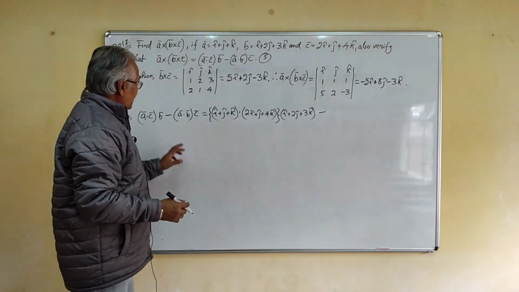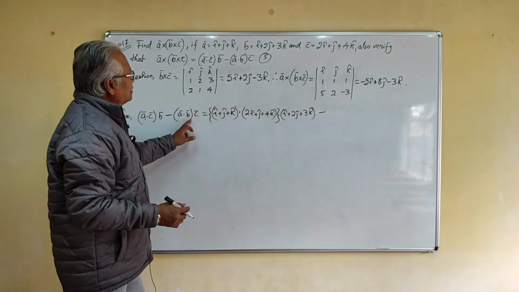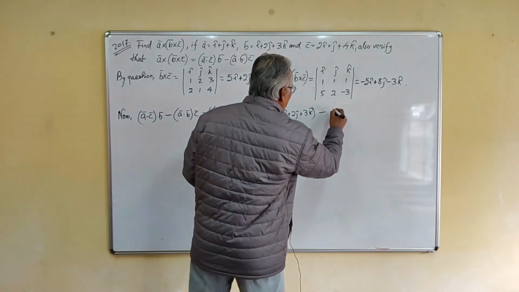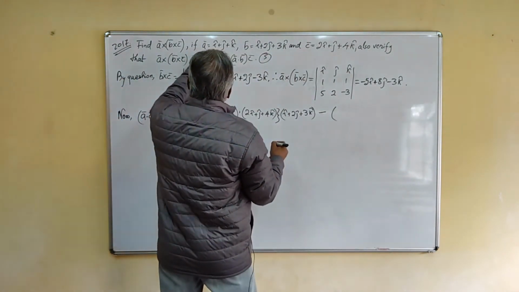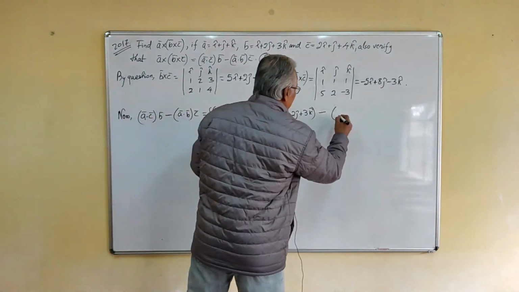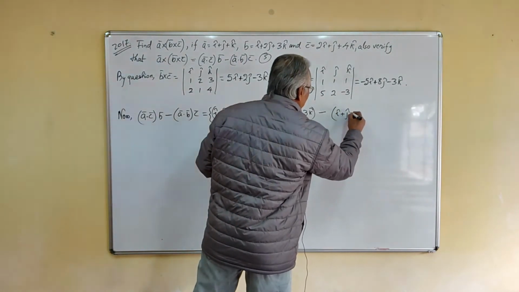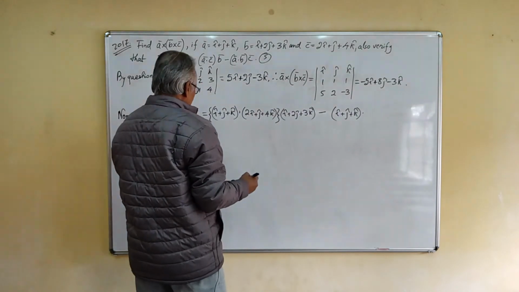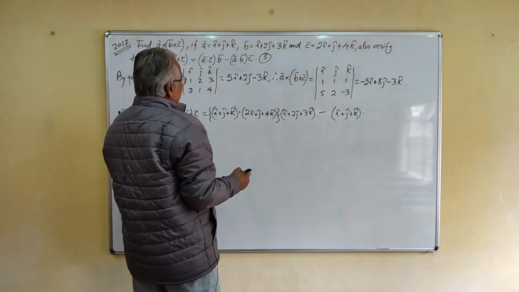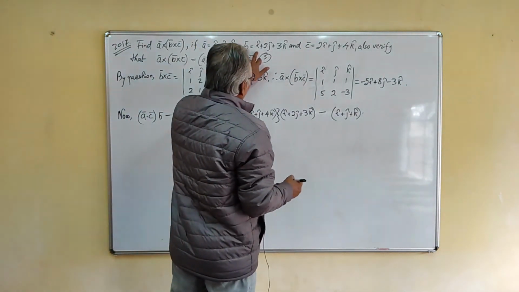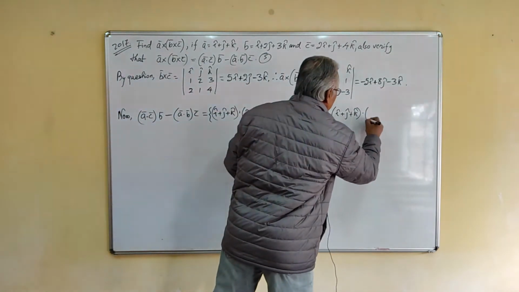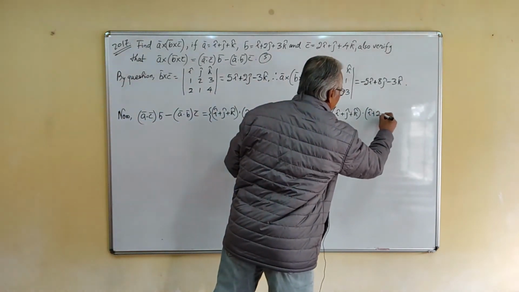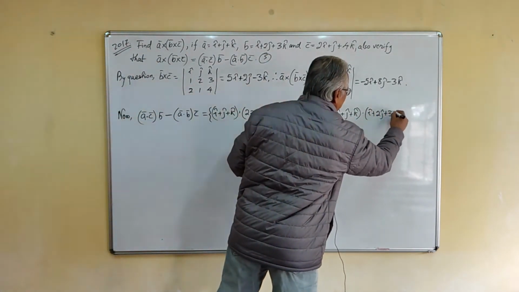Now minus, we're going at A dot B. So A, as usual, is I plus J plus K, dot B. B is I plus 2J plus 3K.